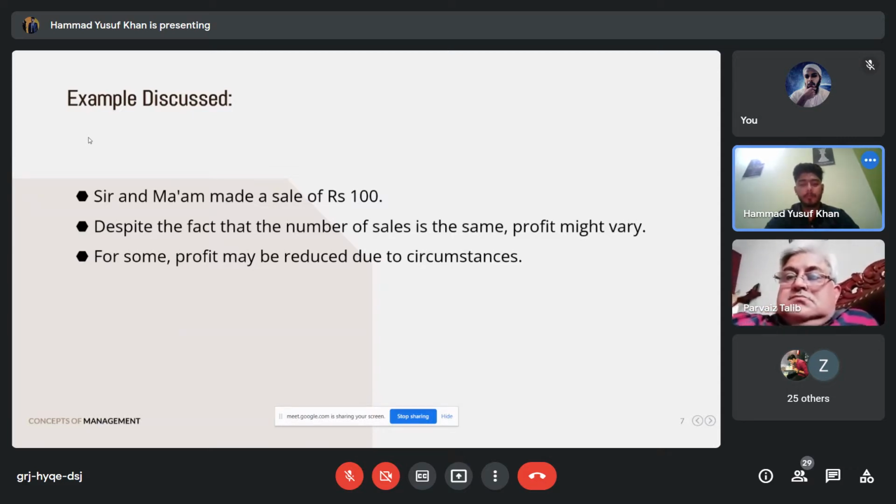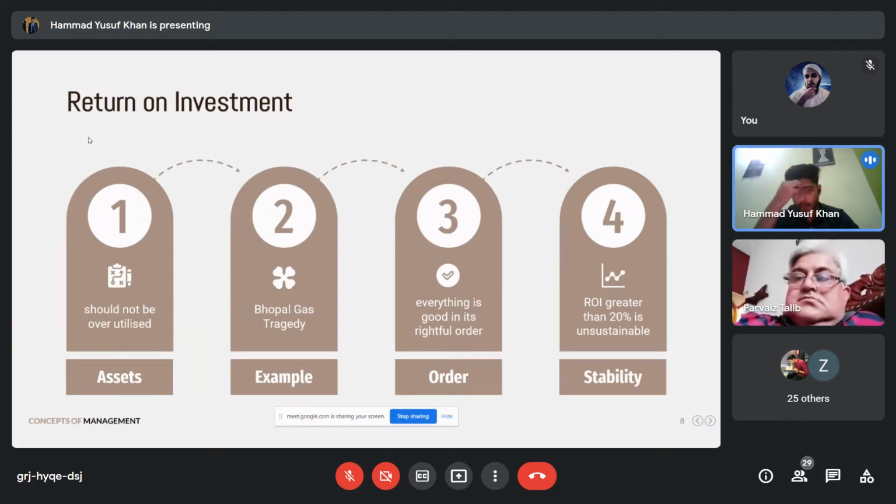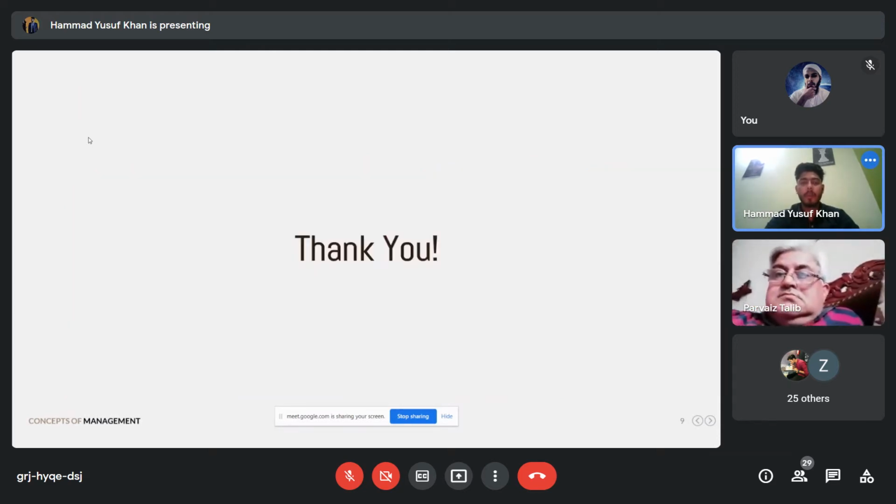This is what happened in the Bhopal gas tragedy, which was primarily caused by squeezing of assets and negating the deteriorating machine values.